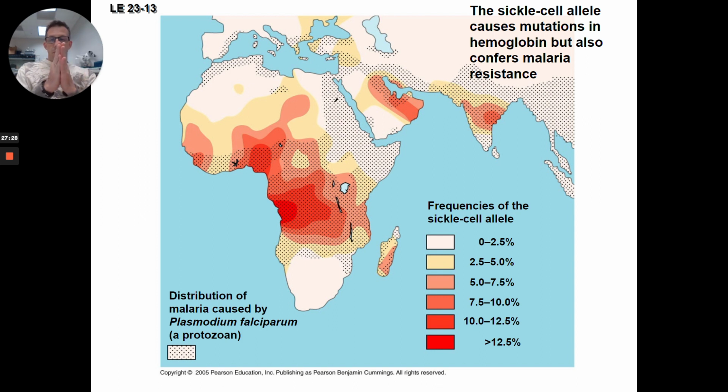Now, people in the middle, people who are heterozygous for sickle cell and normal, okay, have a copy of each, and phenotypically have normal blood cells, okay?